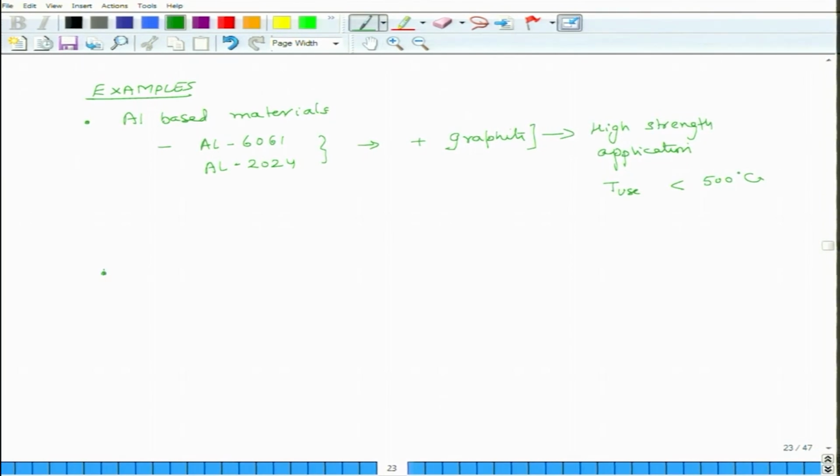And then we have titanium based materials. So, again high strength to weight ratio, because titanium's strength is almost as high as that of steel, but its density is roughly half of steel.